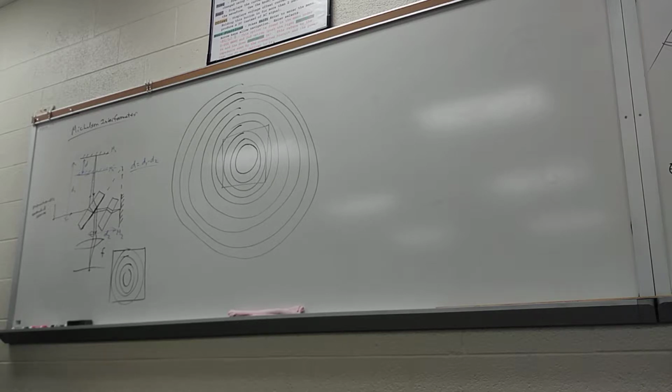Okay, what would happen if I took mirror M1 or mirror M2 and started to tilt it slightly? Just this orientation. If I tilted it slightly. You're going to start separating those beams.